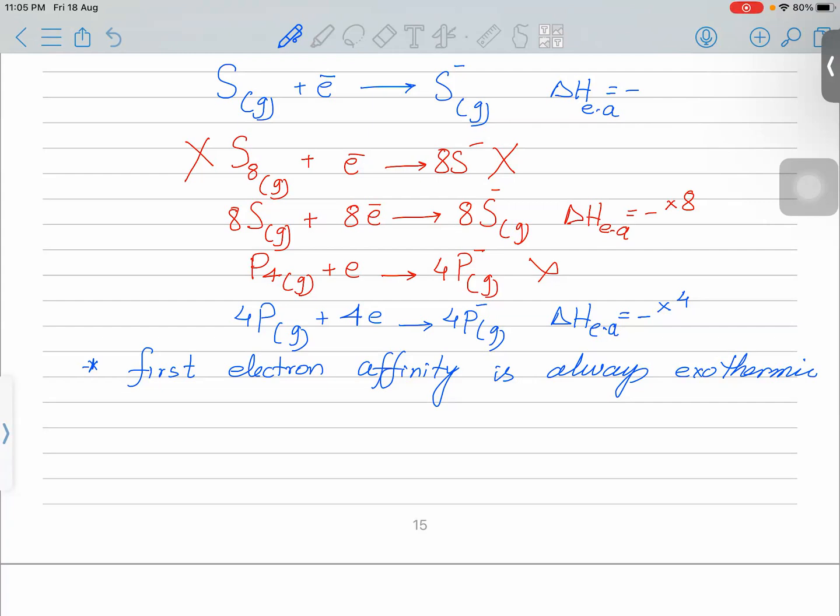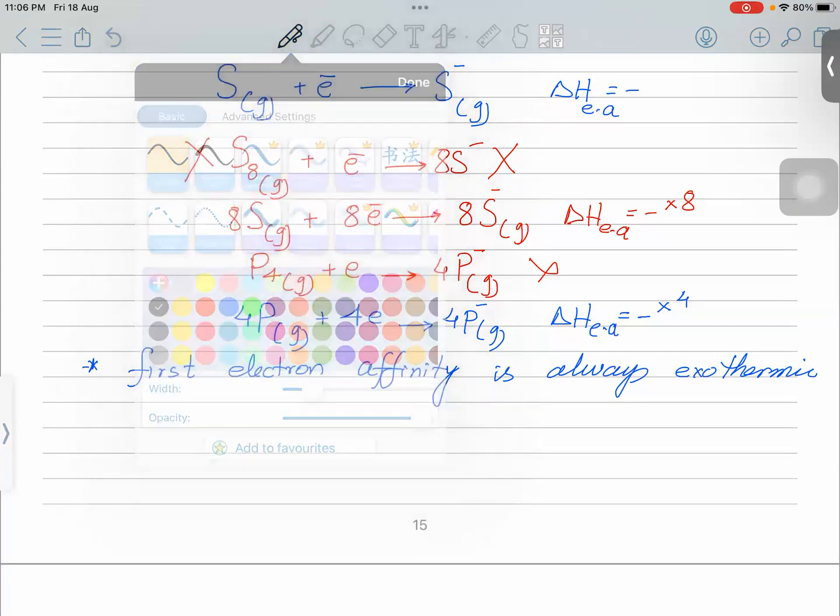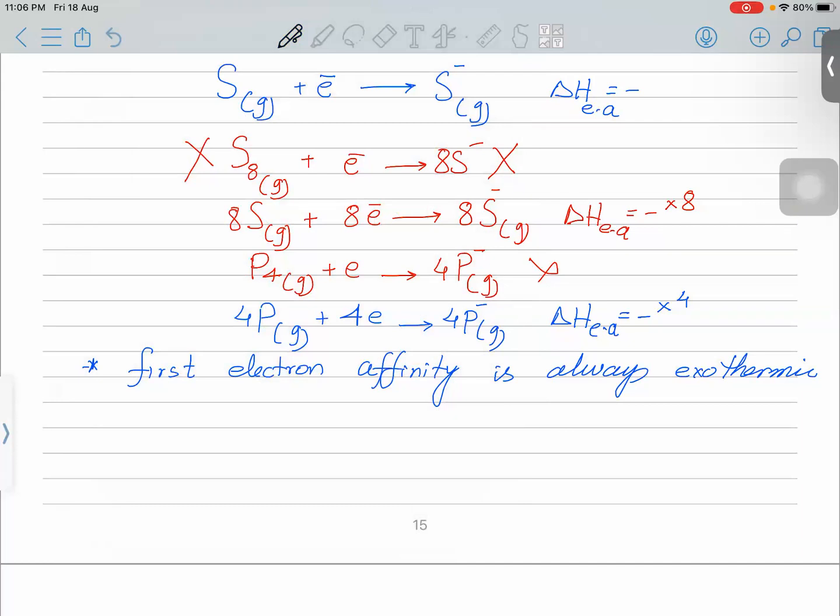Because energy is released, because the electrons are attracted to the protons in the nucleus. This energy is released because of the attraction between the positive nucleus and the negative electron. Have you discussed this electron affinity earlier? No, sir, not earlier. Okay.